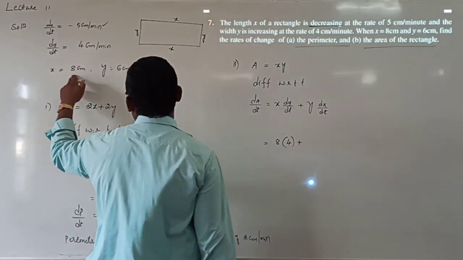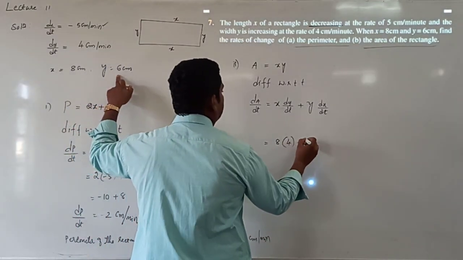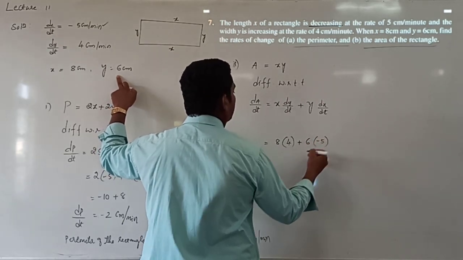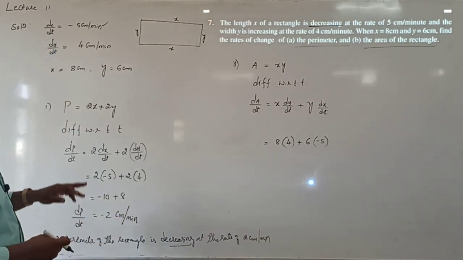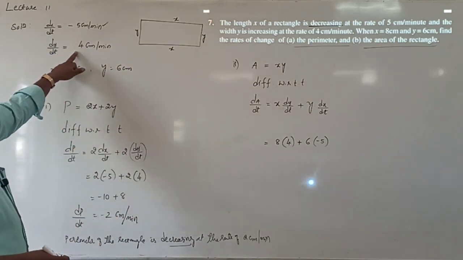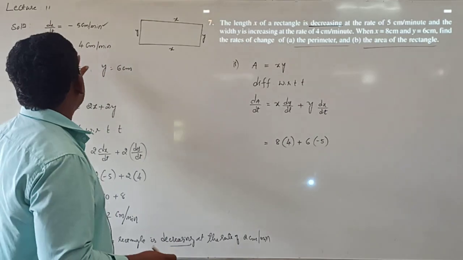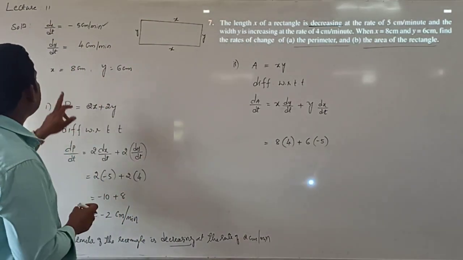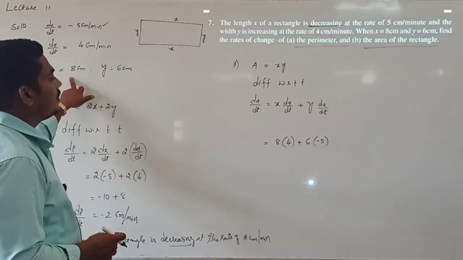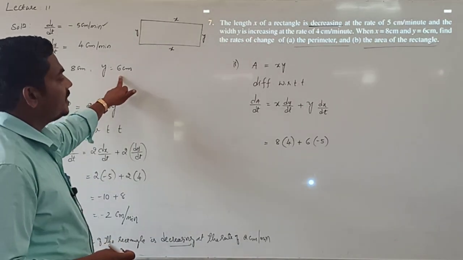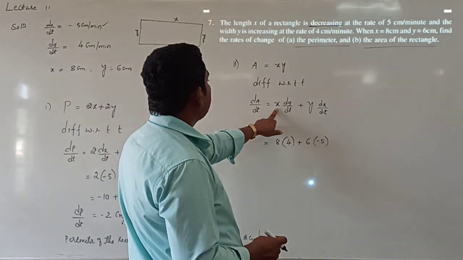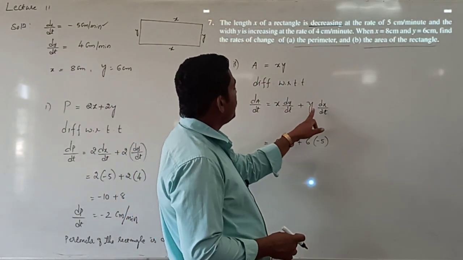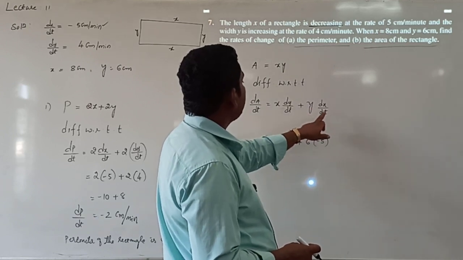Plus, what is y value here? 6 into dx by dt, minus 5. The length x is decreasing, minus, when x is 8 centimeter and y is 6 centimeter. x as it is, y differentiation dy by dt, plus y remains as it is, dx by dt.